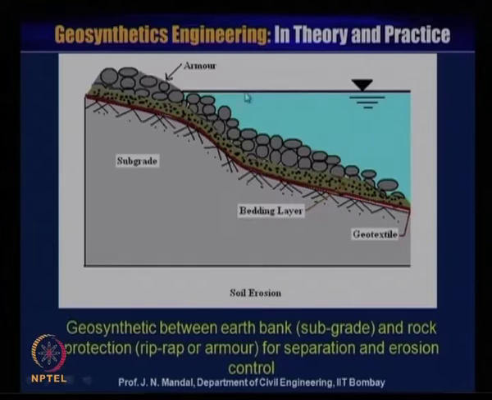With wave action, there is a possibility of abrasion between the aggregate and the geotextile material, so it can be prevented. You also require this if there is inadequate permeability, so you can provide the proper kind of geosynthetic material for erosion control.